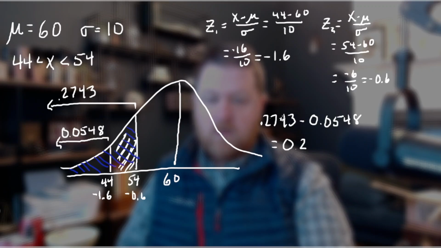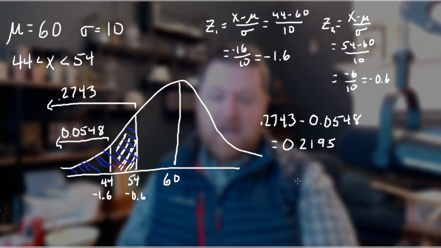Let's see, I actually have to do math, you guys. 13 minus 8 is 5. Carry that, so that's going to be 13, which gives 9, then a 6, and 6 minus 5 is 1. Sorry, I was doing the subtraction in my head. What we end up getting is that 0.2743 minus 0.0548 is equal to 0.2195.